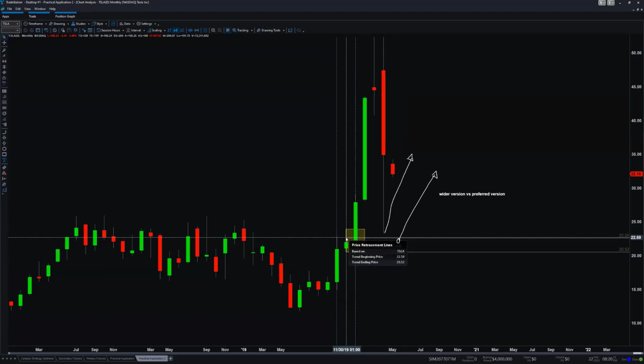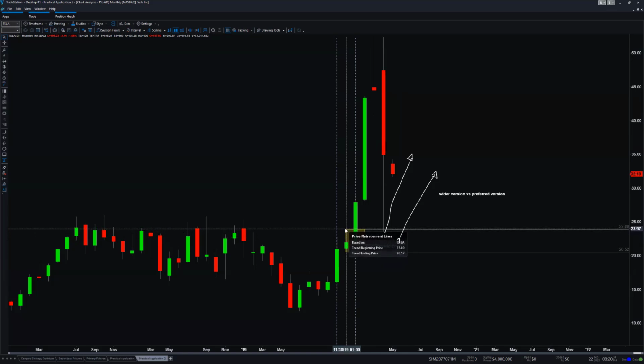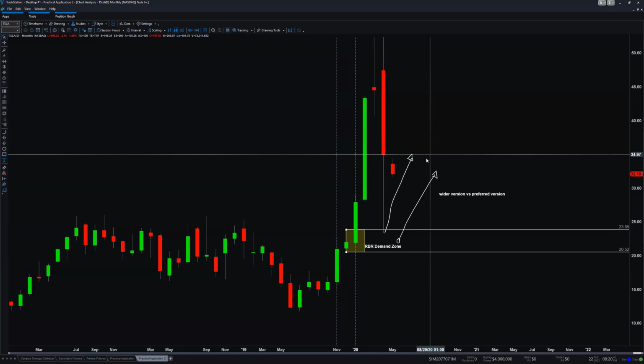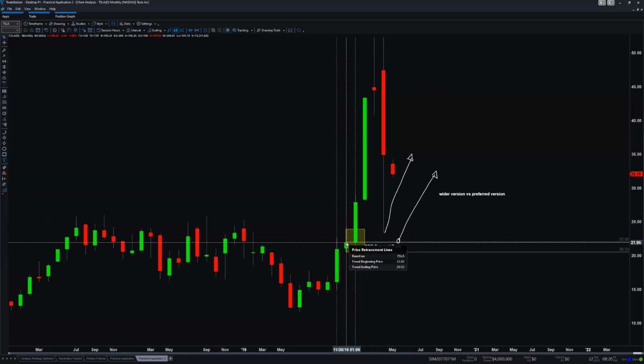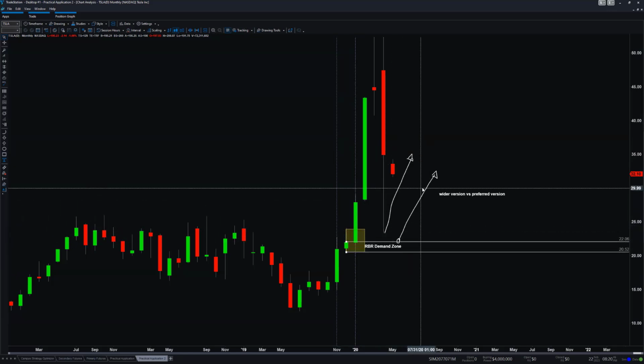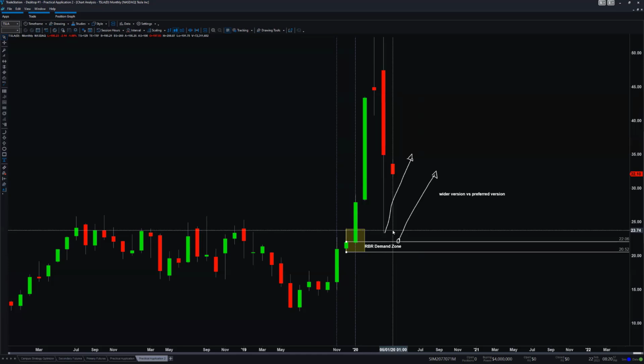Why we have a preferred version is because oftentimes, as we use the wider version, our zones could get very large. And with large zones, we have less profit margin. With smaller zones, we have more profit margin. However, the smaller a zone gets, the less likely it is that we'll get filled in that specific trade.